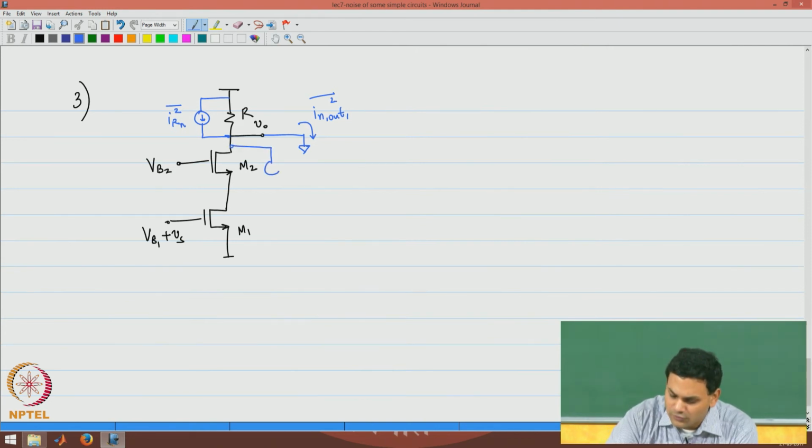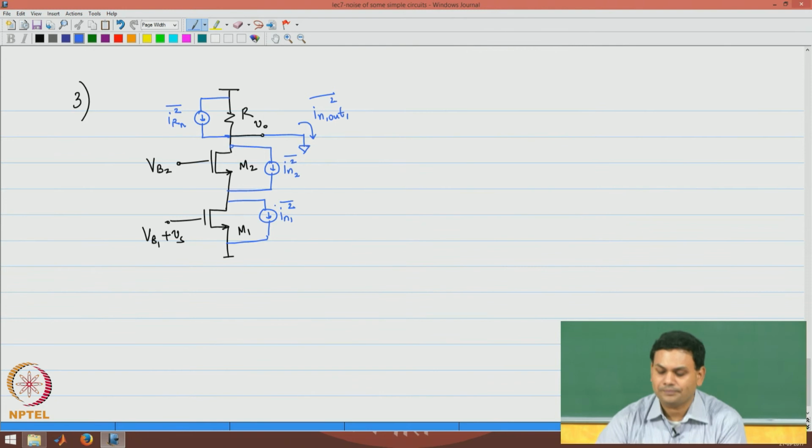There are 3 noise sources for this circuit: IN1 squared, IN2 squared and IRN squared. Now these 3 noise sources are completely uncorrelated, and I will need to find out the output component of the noise from all 3 of them.